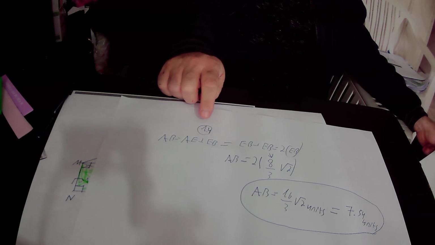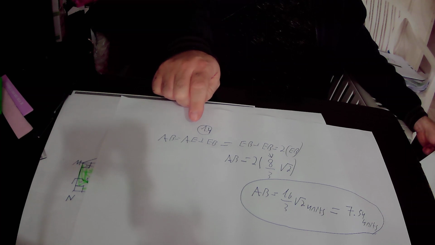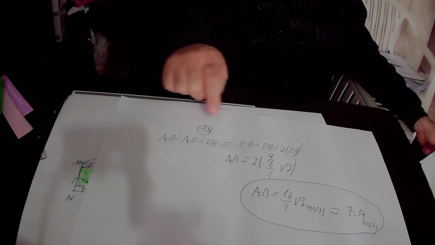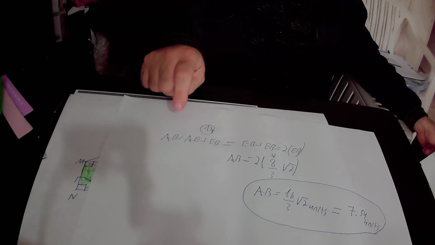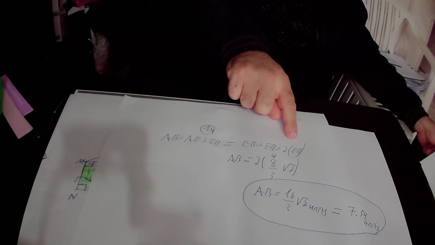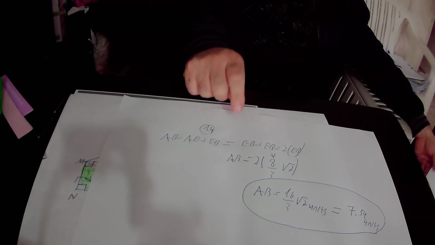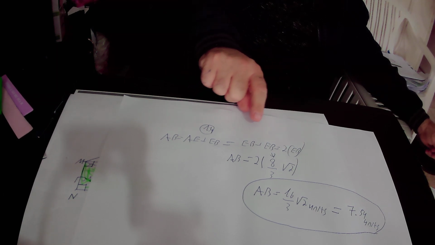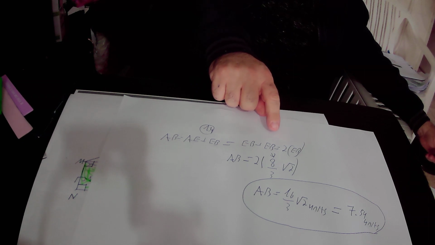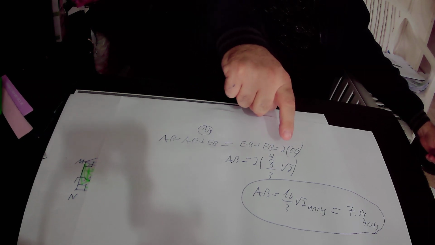But we have already found out that AE equals EB, so we can substitute AE by EB, and we'll get that AB equals EB plus EB, that is to say AB equals 2 times EB. And we already found out that the value of EB is 8 over 3 times the square root of 2 units.